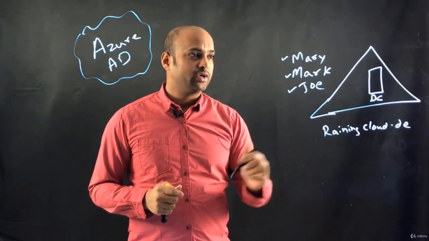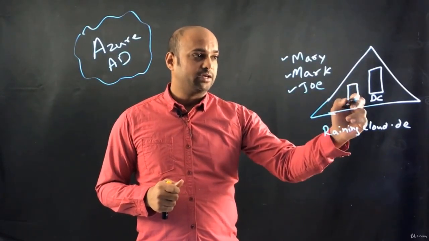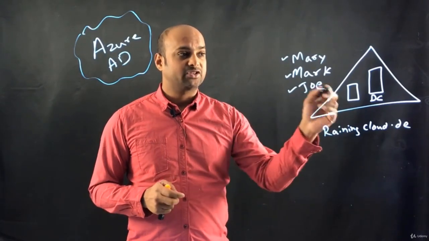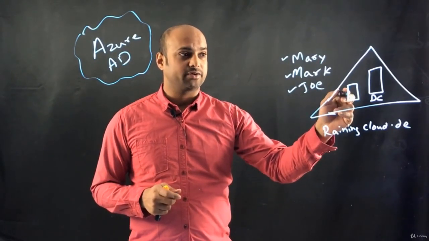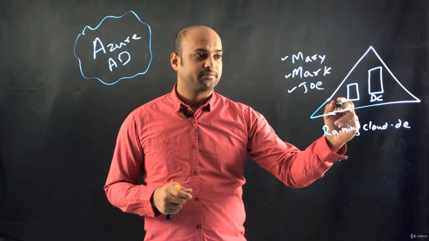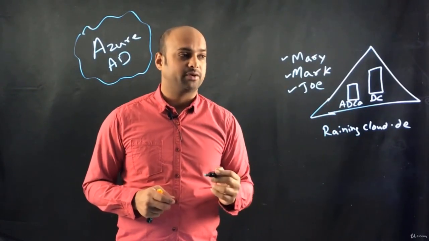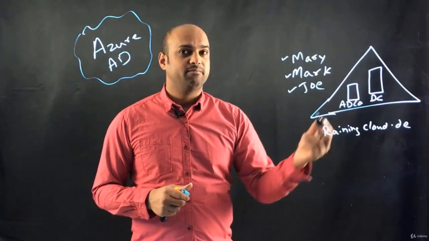So what you're going to do is install another member server, provision that member server, and install AD Connect right here. So I'm going to call it, let's say, AD Connect server or something. So that's my AD Connect member server.